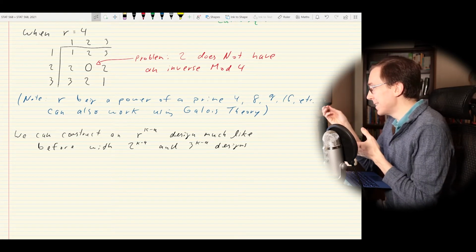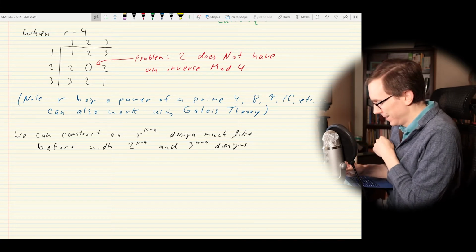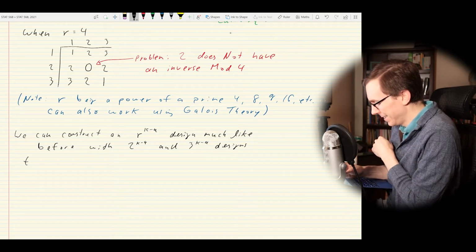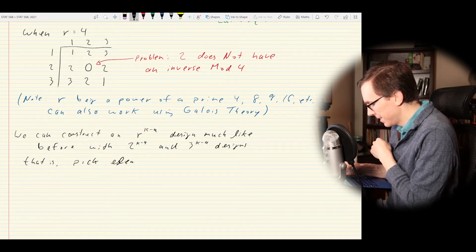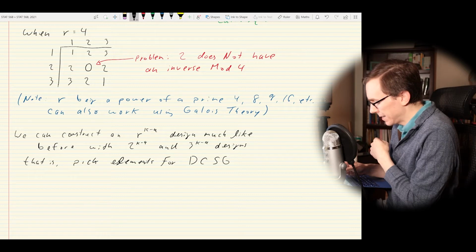All we really need to do is pick elements for the defining contrast subgroup, which are going to look something like a summation.